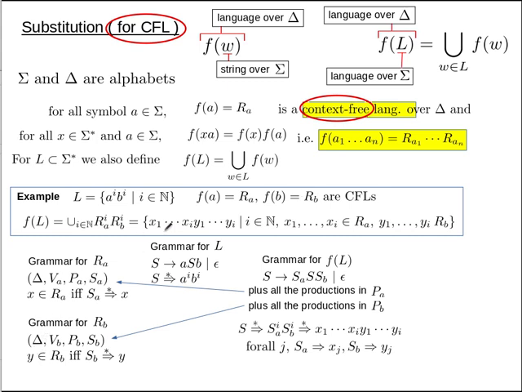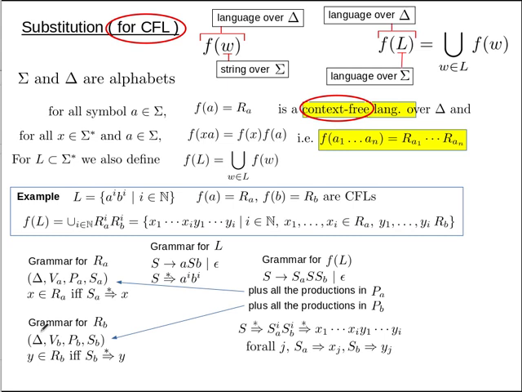So what we can do is take the grammars of RA and RB. They have variables VA and VB, productions PA and PB, start symbols SA and SB, and so on. And this is over delta, because these RAs are languages over delta. So the V should come here and delta should go here, because we take V, T, P, S. That's a trivial thing.